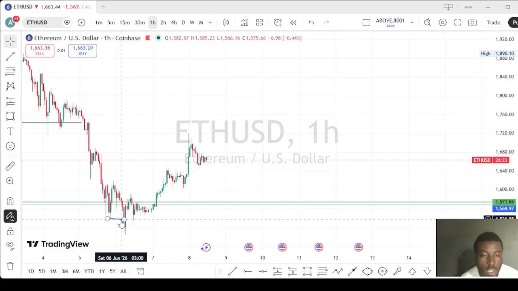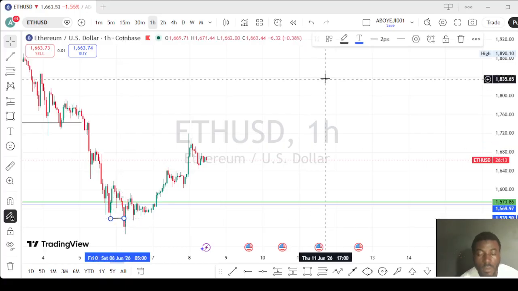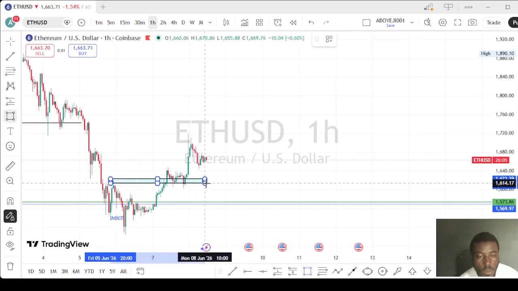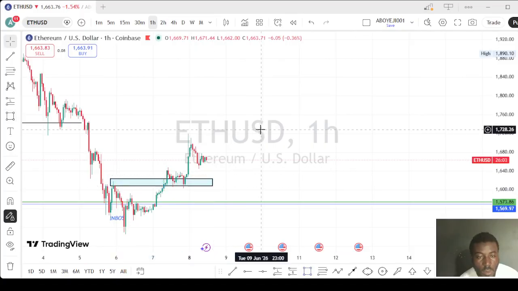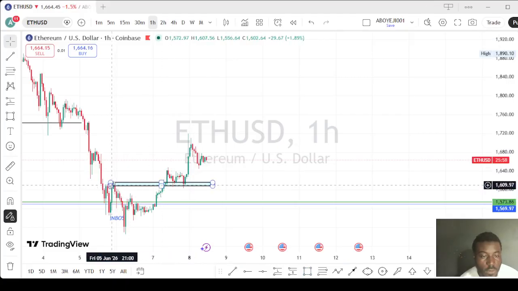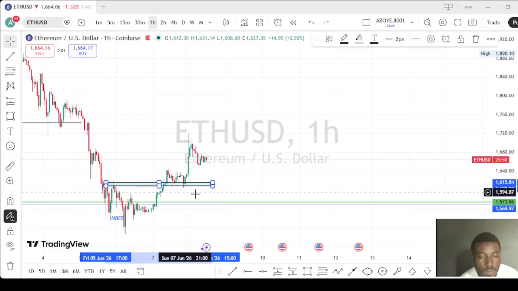This is a big structure here, and this is the break of structure, and this is the breaker block. A breaker block is normally used once. If a breaker block is used once, it's not useful anymore. So this is the break of structure here.